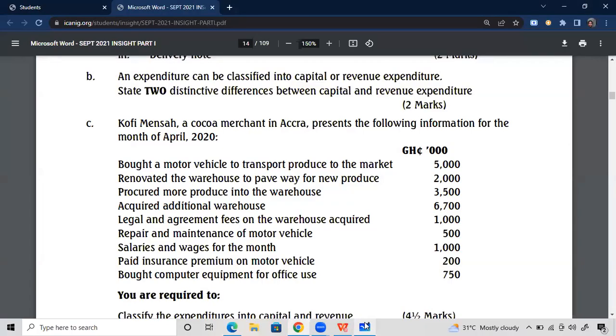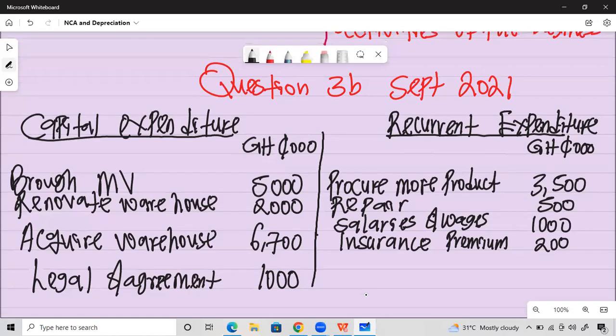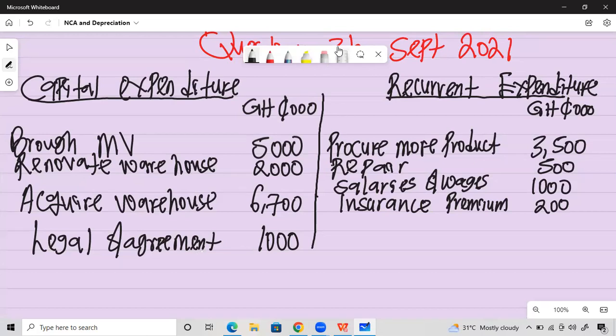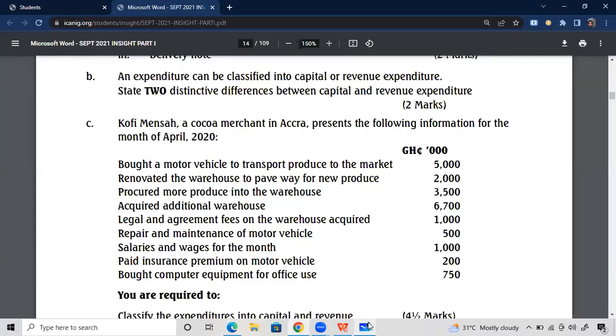And the last one, bought computer equipment for office use. This last one is what? Anybody? Bought computer equipment for office use, 750. Capital or recurrent? Computer equipment is an asset.